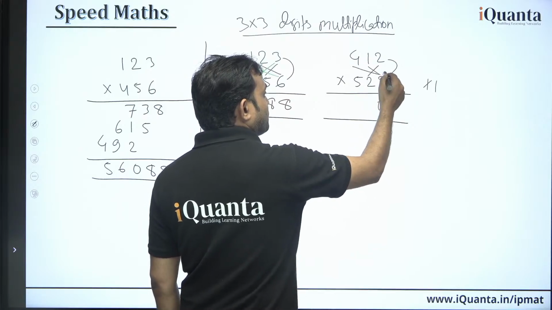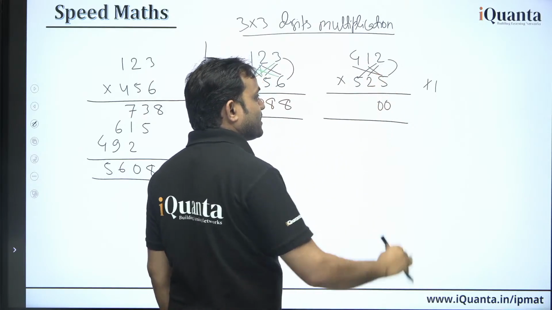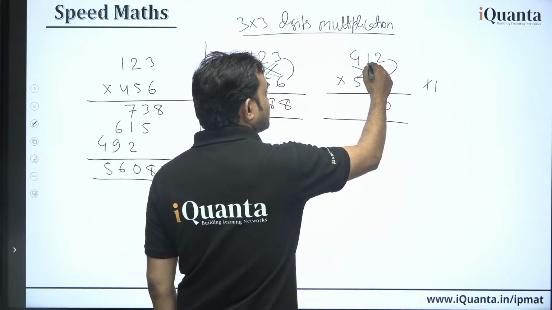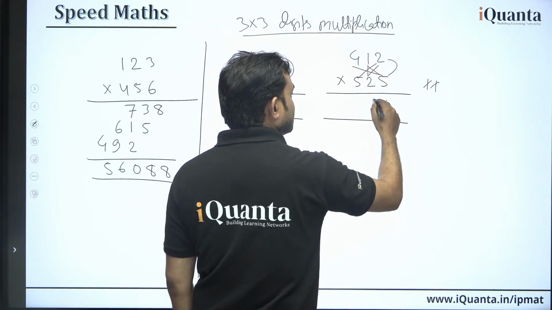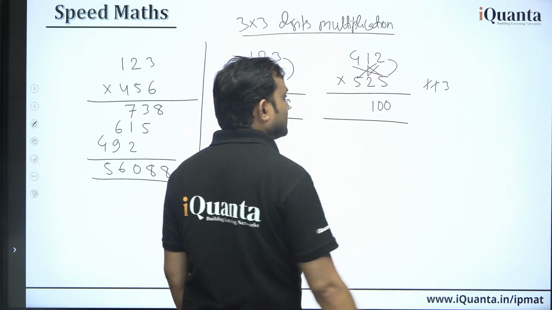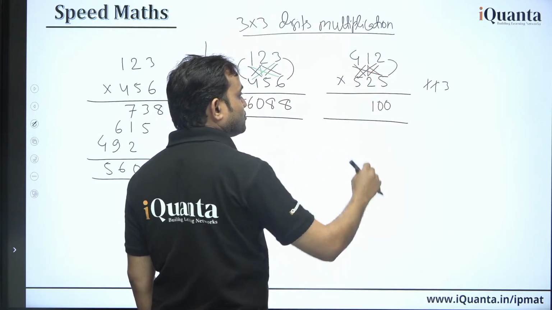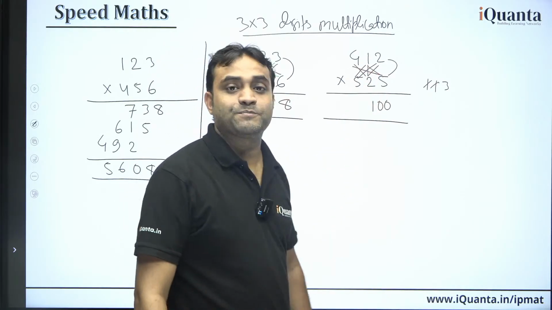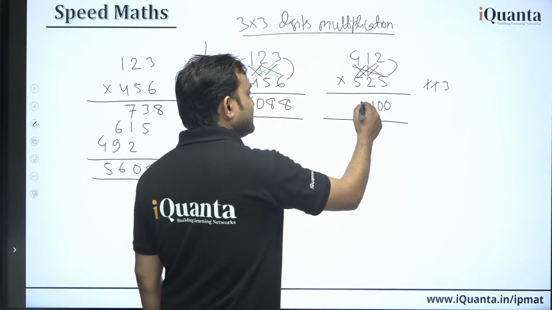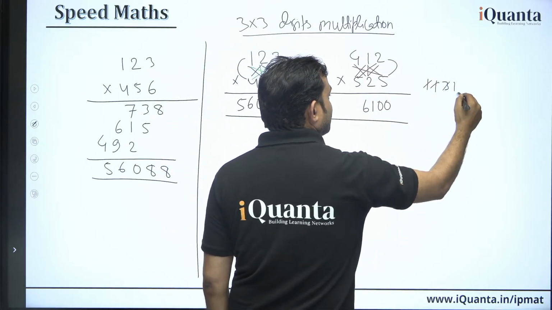Then 4 into 5 is 20, 2 into 5 is 10, 30 plus 2, 32 plus 1 is 31, carried forward is 3. Next 1 into 5 is 5, 4 into 2 is 8, 8 plus 5, 13 plus 3 is 16, carried forward 1.